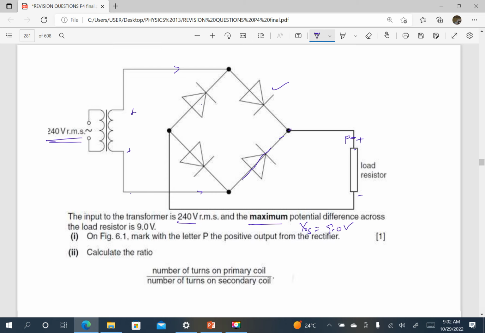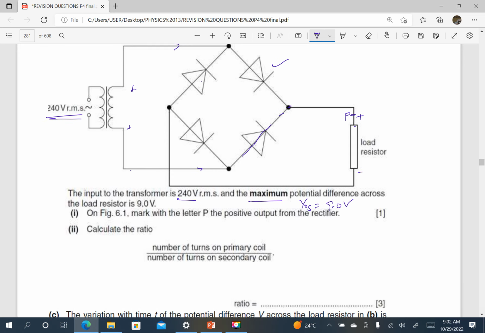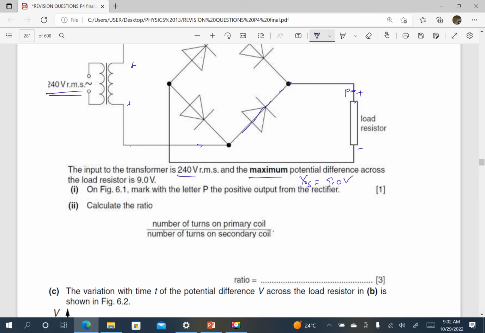Calculate the ratio, number of turns in the primary coil over number of turns in the secondary coil. Note that they have given us root mean square values and again a peak value. So you must be uniform, either use peak values for both or root mean square values for both. So the number of turns in the secondary over the number of turns in the primary will be, I will use the peak values, V peak for the secondary over V peak for the primary.